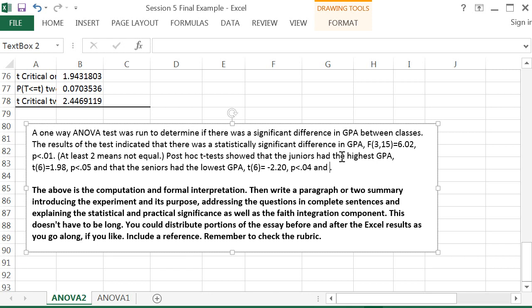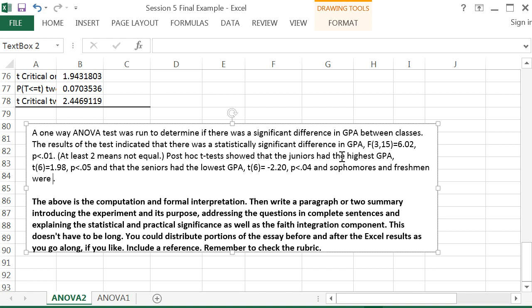Sophomores and freshmen were not statistically different.